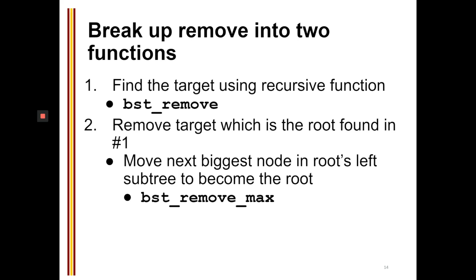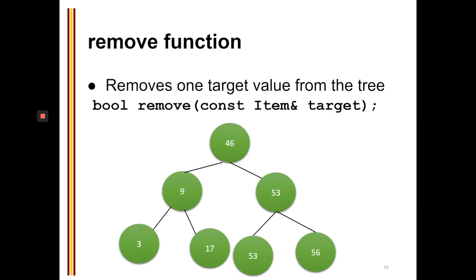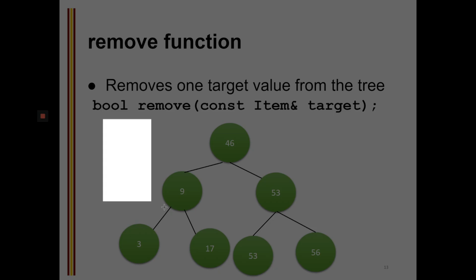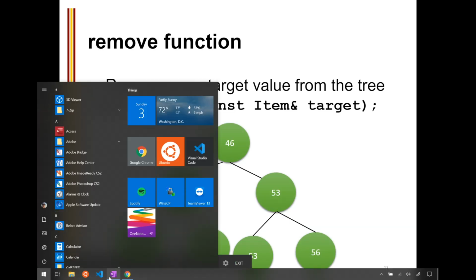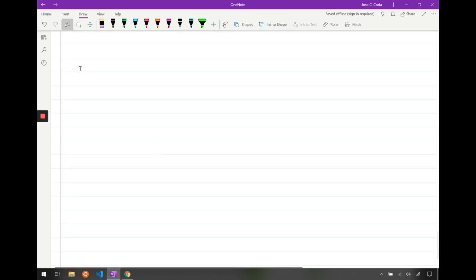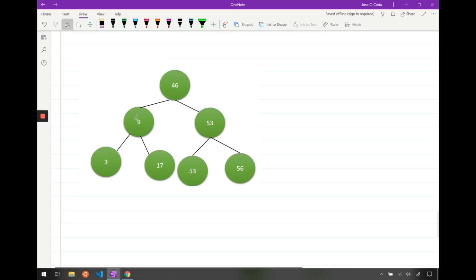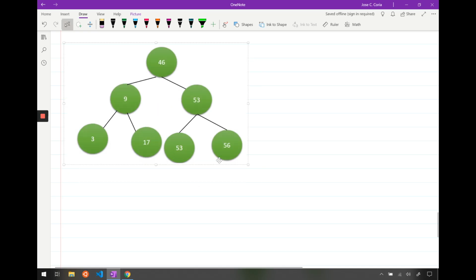For example, if we go back to this example, let's say I wanted to remove this 46. There are different implementations; I'm following the implementation most closely tied with our textbook, and it works well.